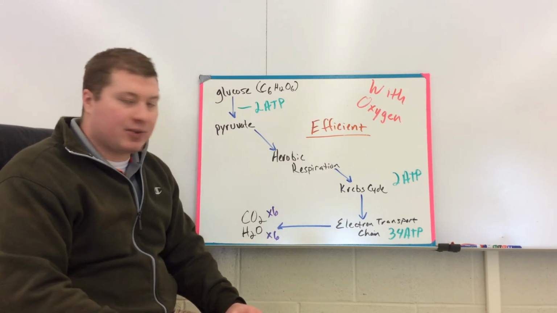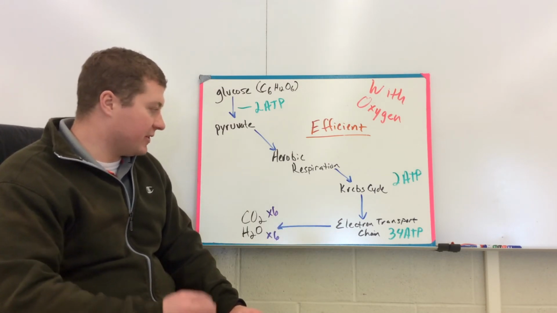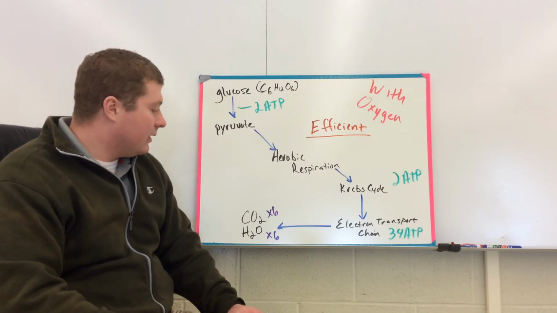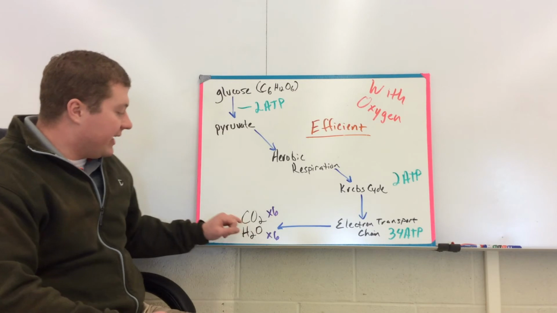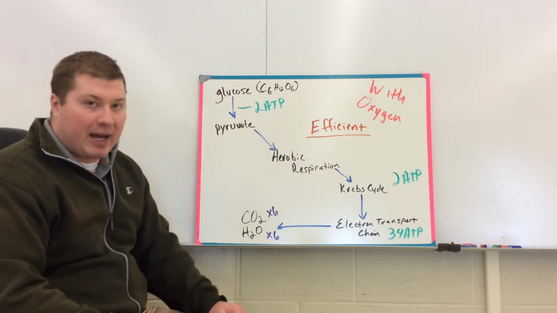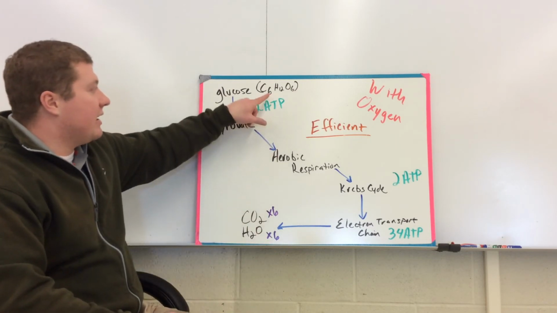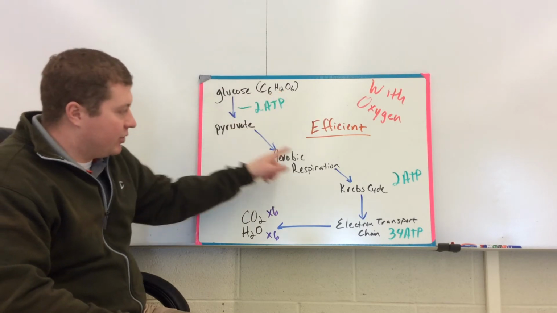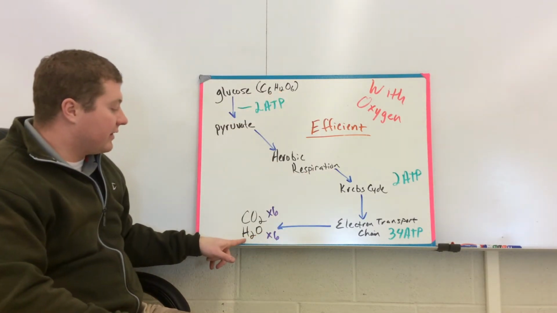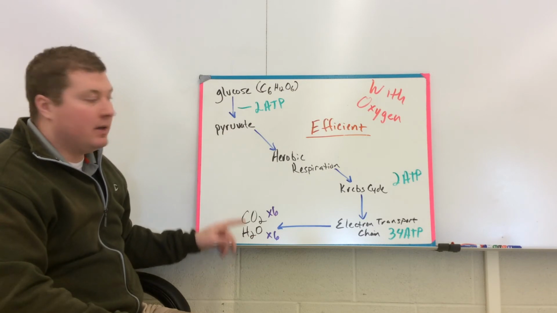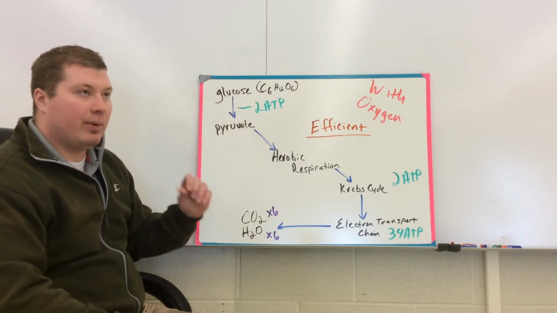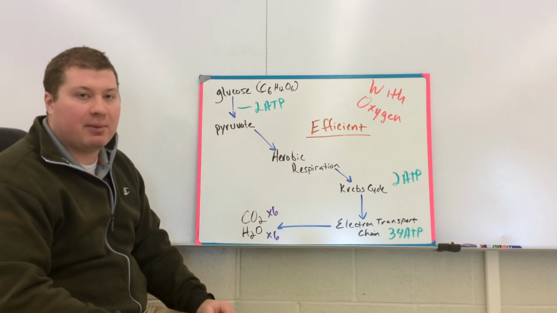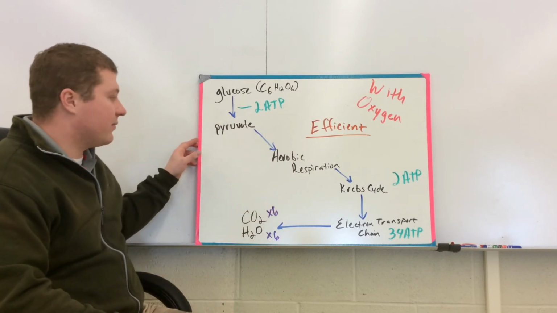And then we get to the electron transport chain, which produces 34 ATP molecules. So from that chain, then we get a bunch of CO2 and water as a byproduct. So we're taking glucose, which is C6H12O6, and we're changing it into carbon dioxide and water. So that process, when we break those down, that's where we get the ATP, the usable chemical energy in our cells from.